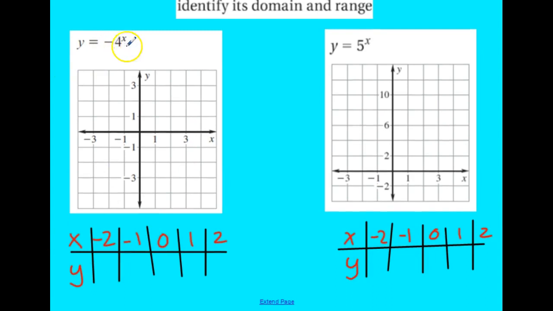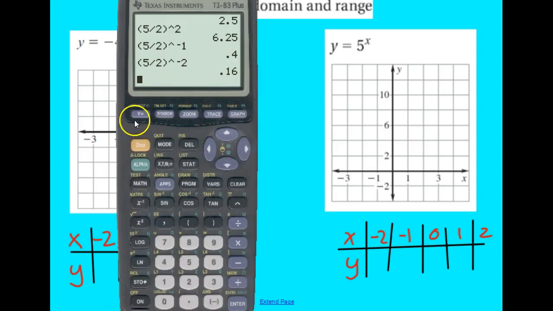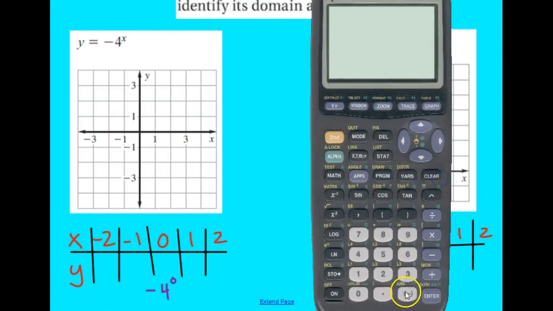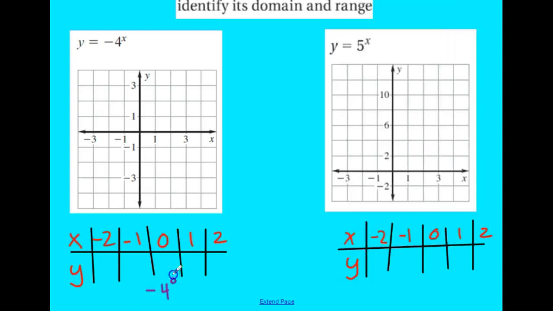So we have -4 to the x. Notice there's no parentheses here, so we have the -4 to the power of x, and x is first, a 0. So if you're not sure, plug this one in. So we have -4 to the power of 0, which is a -1, because anything to the power of 0 is 1, but then it's negative, so it's a -1.